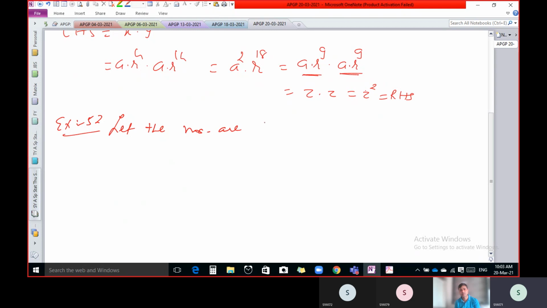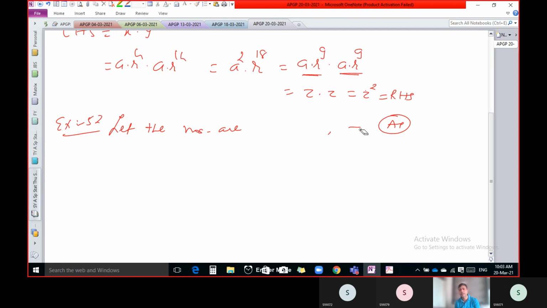A minus D, A, and A plus D. This is for AP. Here the question is for GP. So instead of minus you have to divide, instead of plus you have to multiply, and instead of D you have to use R.